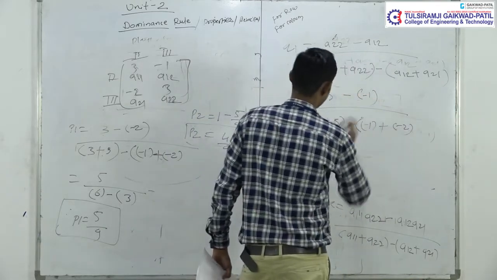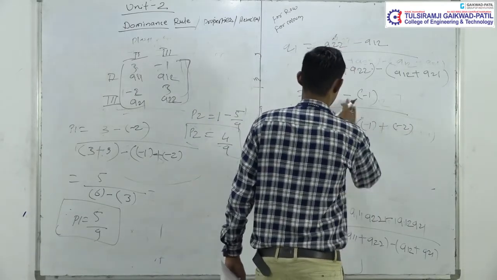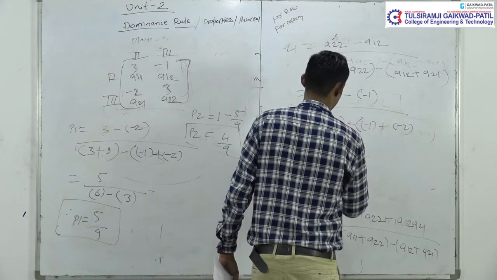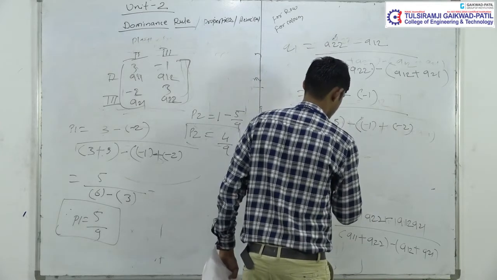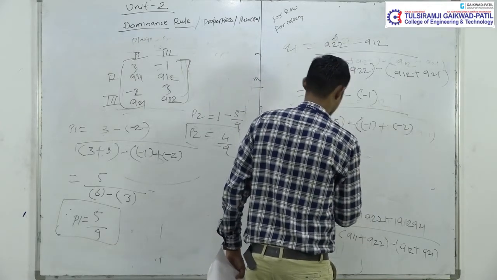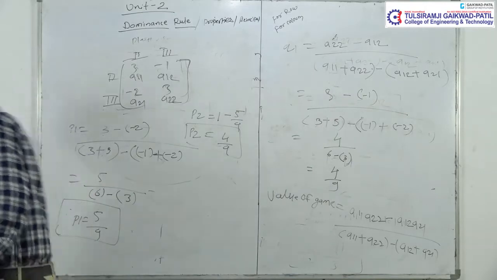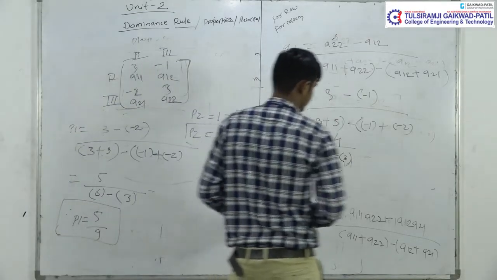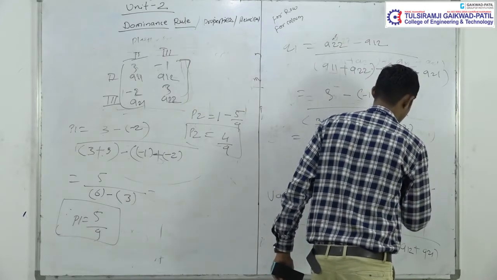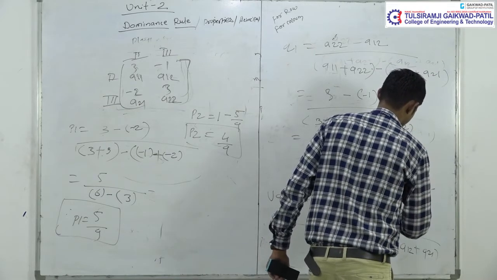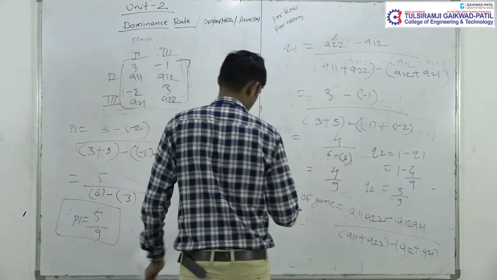Solve: minus plus 4, then 3 plus 3 is 6 minus 3, equals 4 divided by 9. Next calculate Q2. Q2 equals 1 minus Q1 equals 1 minus 4 divided by 9 equals 5 divided by 9, is the Q2 value. Next is value of game.